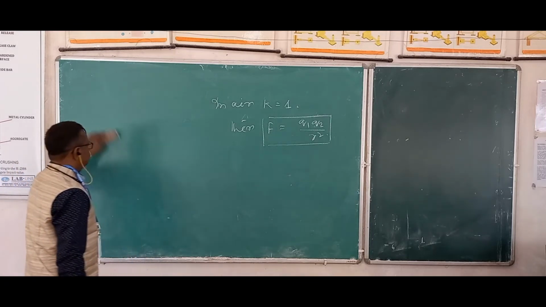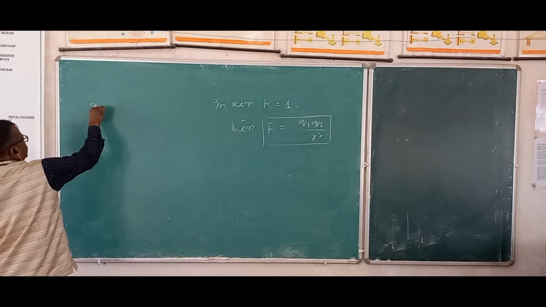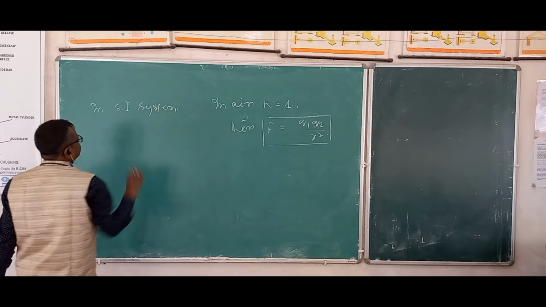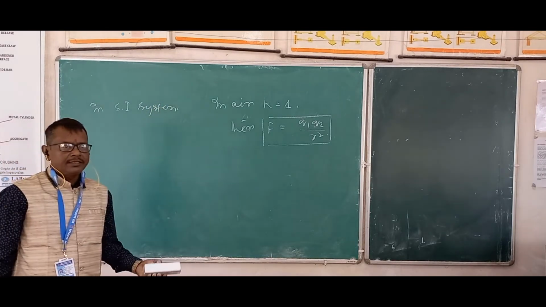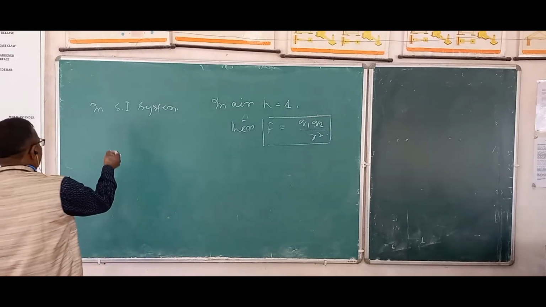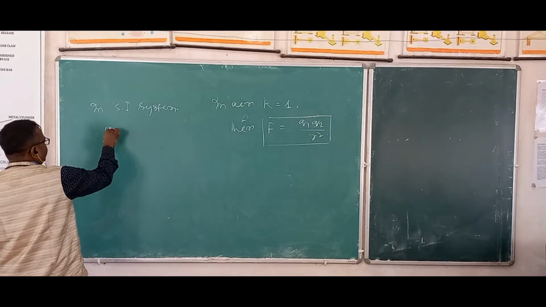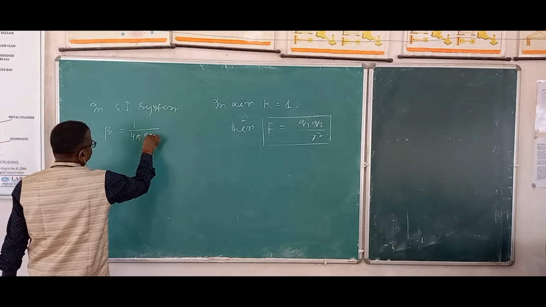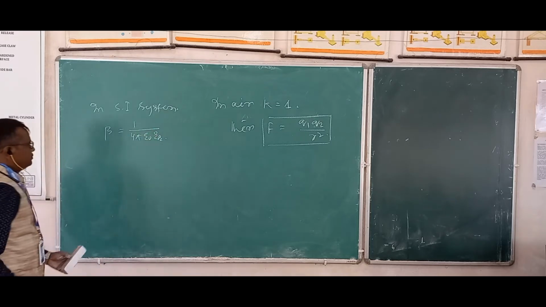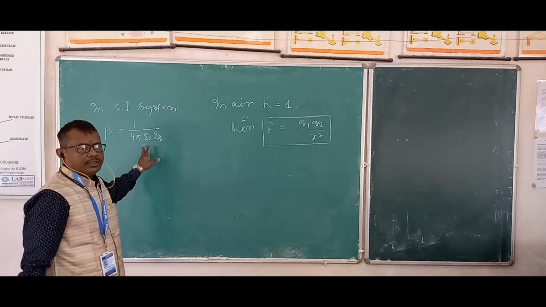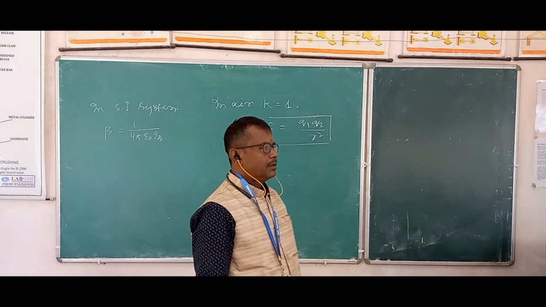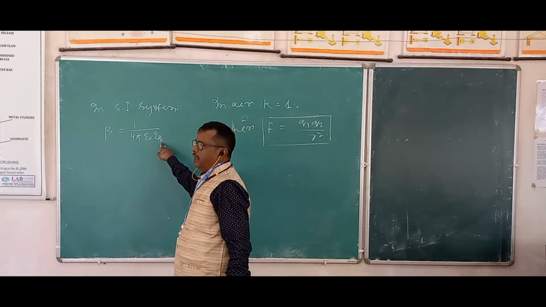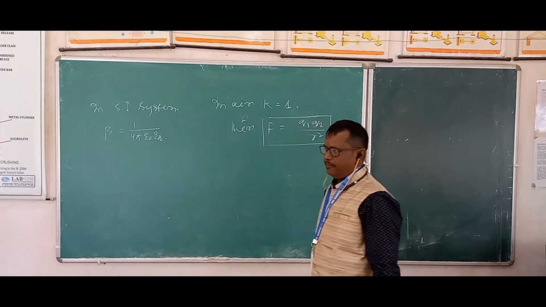In SI system, the value of beta is equal to 1 by 4 pi epsilon 0 epsilon r. Epsilon 0 is the electric permittivity in free space and epsilon r is the relative permittivity.